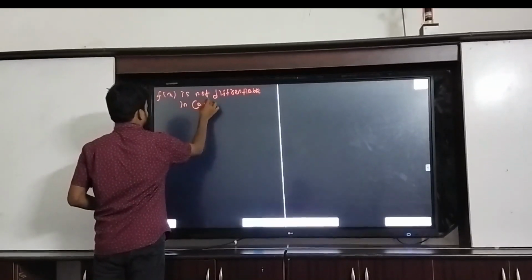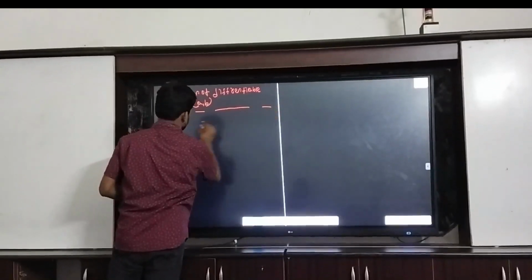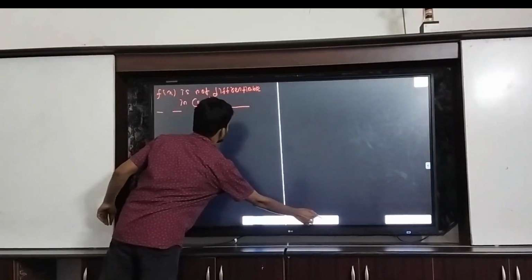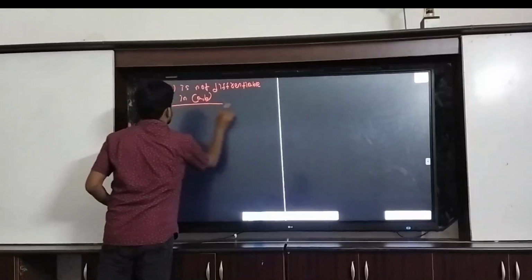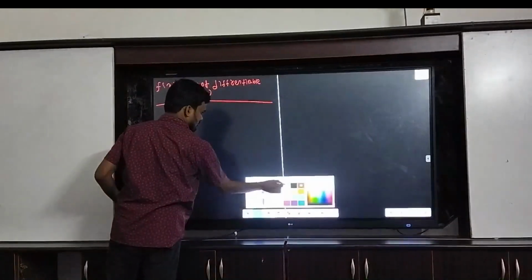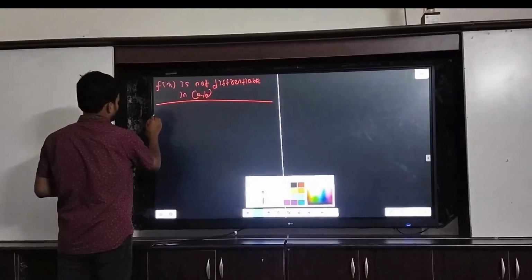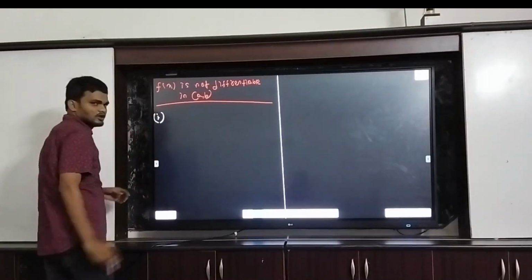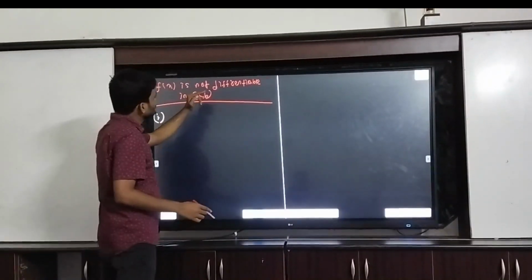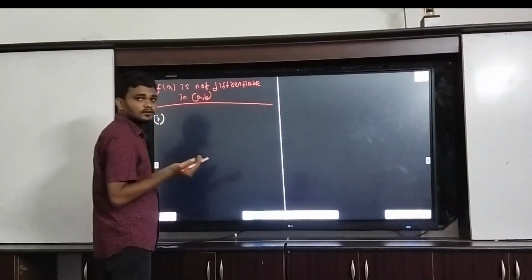Now, in the open interval. Similarly, observe by graph. Not differentiable means there is a sharp corner in the open interval AB.